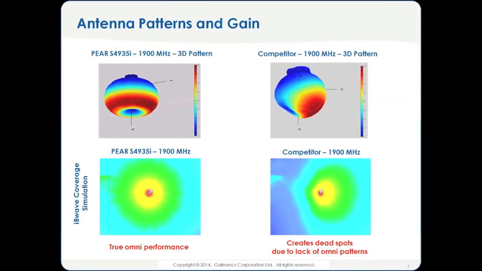So on the previous slide, we discussed the importance of gain, but not only gain, but also the shape of the pattern or the distribution of the pattern in space. We often receive questions about customers evaluating our antennas versus other antennas, and we'll hear the comment that, well, the other antenna has a higher gain.